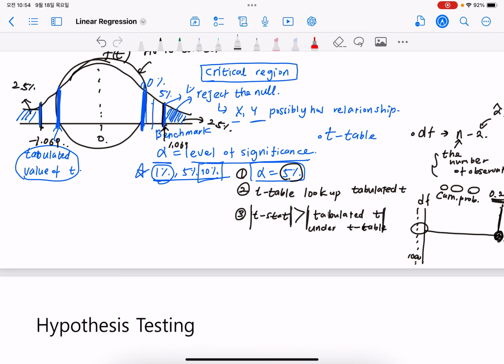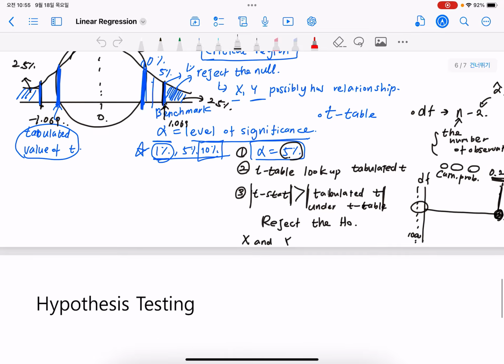So in this case, when the t-stat is greater than the tabulated t under the t table, then we can reject the null. Right? And we can say that the x and y has a statistically significant relationship.